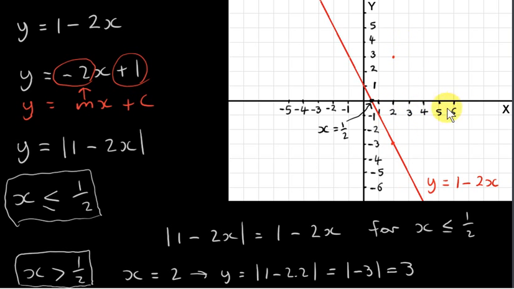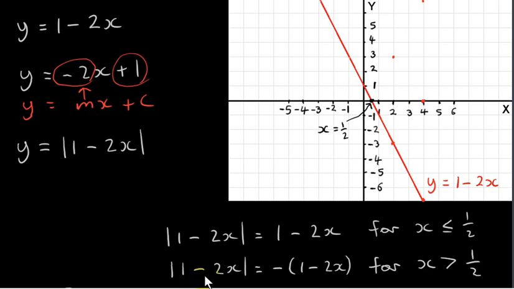Similarly, you'll see it for other values. For example, x equals 4. For this function here, y is actually minus 7. But for our new function, y will be plus 7. So we write it like the following. For values of x greater than a half, our new function, the mod of 1 minus 2x, is minus our old function.